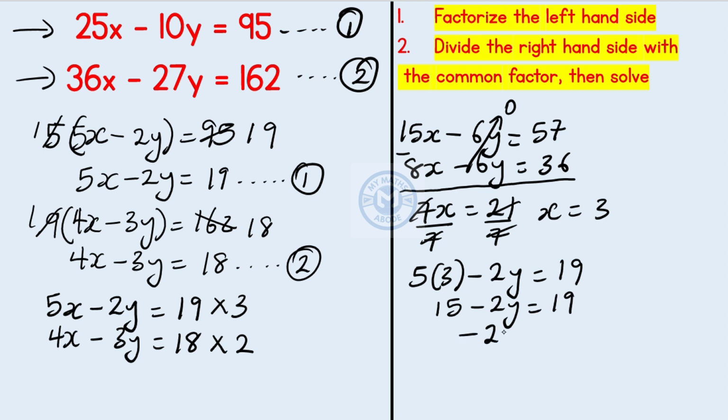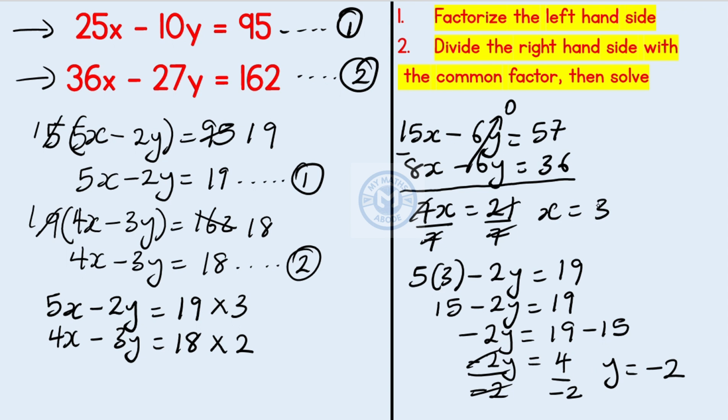Collecting like terms, I'll have negative 2y is equal to 19 minus 15, and that will give me 4. So dividing both sides by negative 2, my y will be equal to negative 2. So that will leave my answer to be x equal to 3 and y equal to negative 2.